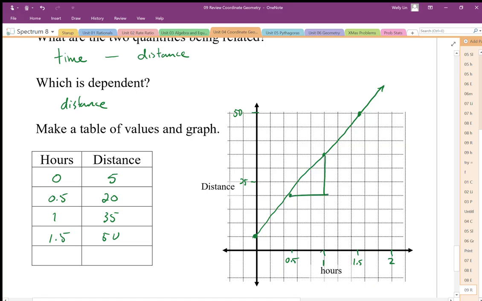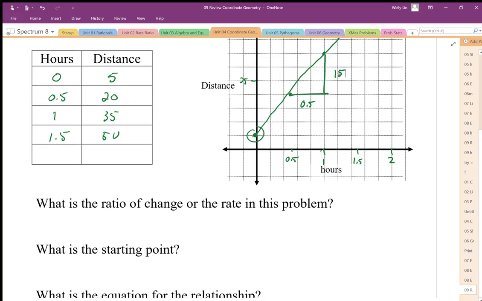Okay, this slope ratio, if I look at the slope ratio, it's 15 kilometers every half an hour, or 30 kilometers an hour. So the ratio change is going to be 30 kilometers to 1 hour, okay, which is our rate. So it's going to be the slope, which is 30 kilometers per hour.